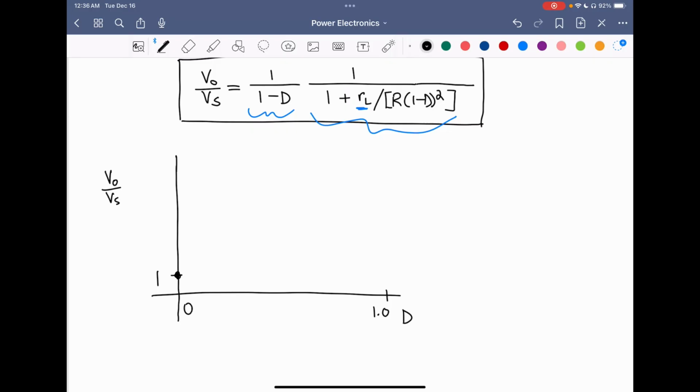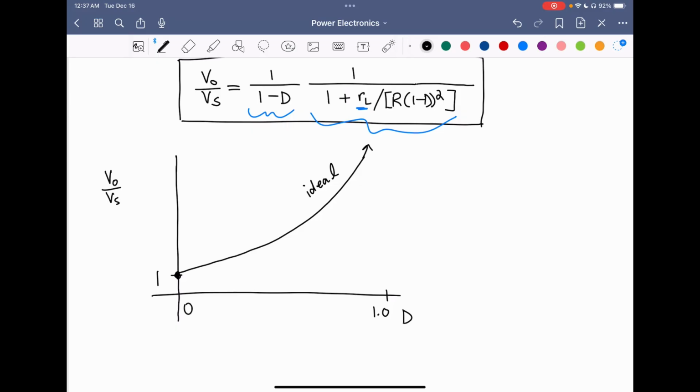And then as the duty cycle increases and gets to 1, the conversion ratio approaches infinity.